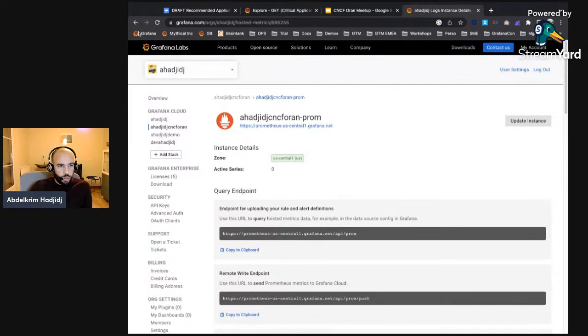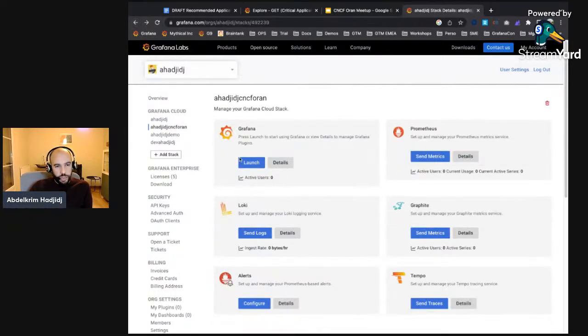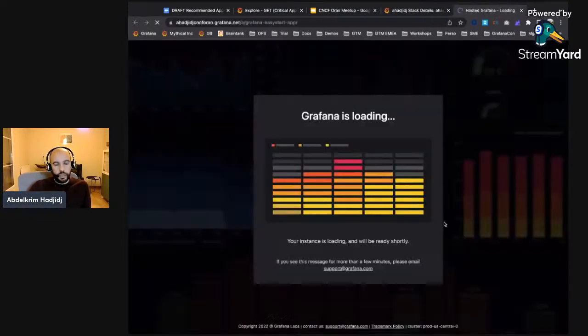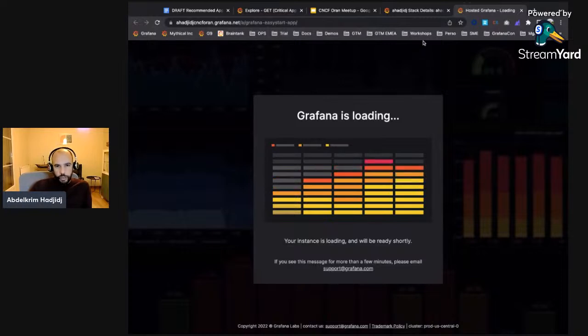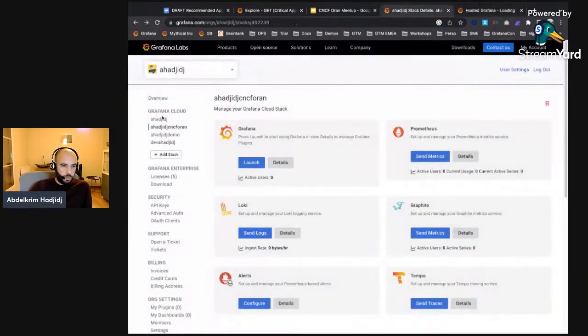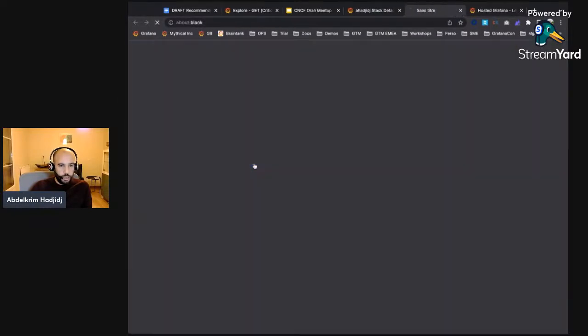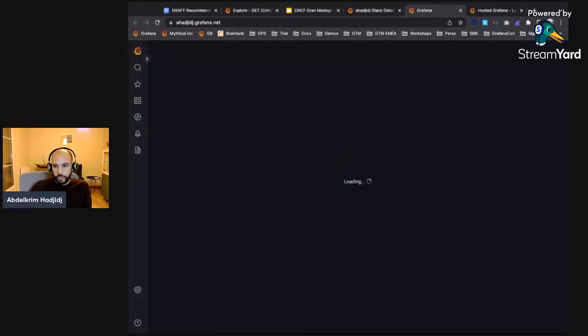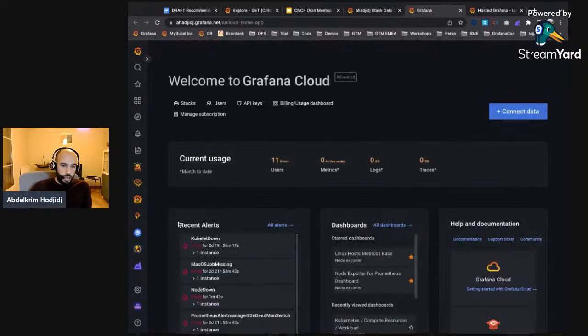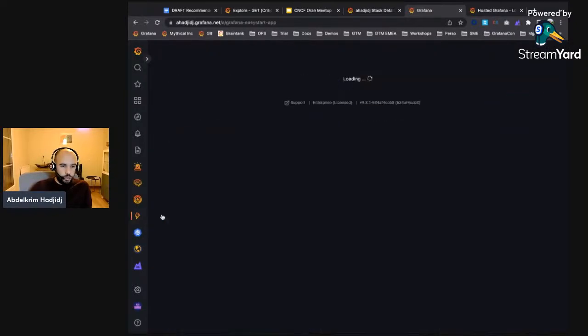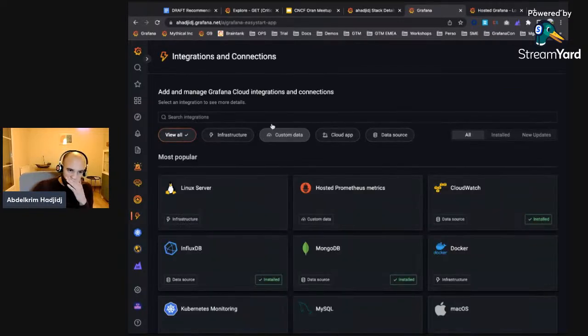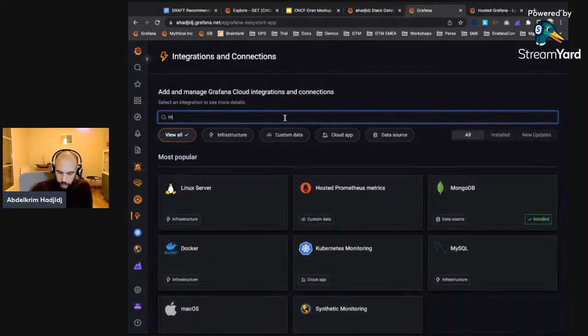And of course, the Grafana UI is here. You can click, and it takes some time to load the first time, but I have other things deployed here. So you can launch your Grafana. And then let's say you want to monitor, I don't know, maybe a MySQL database.